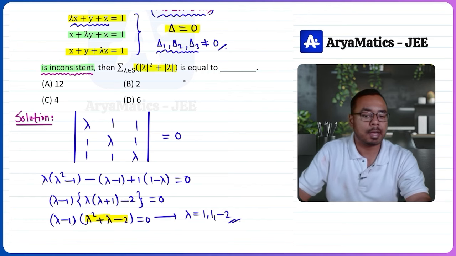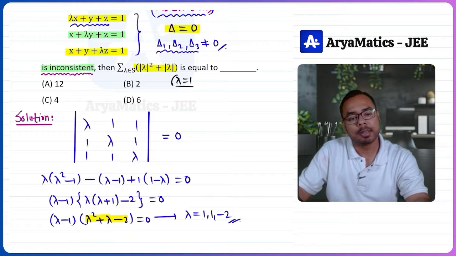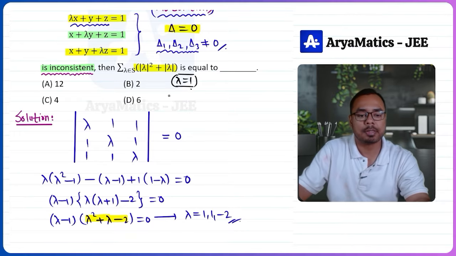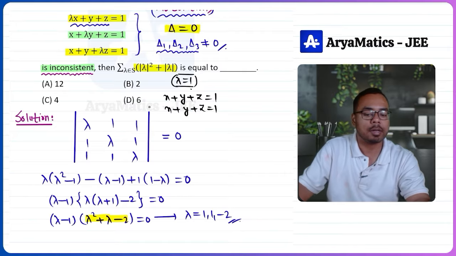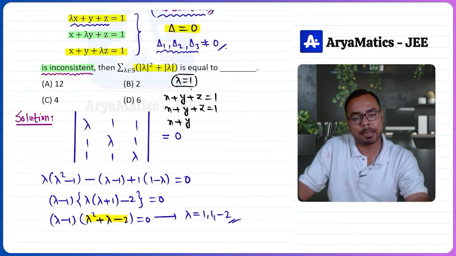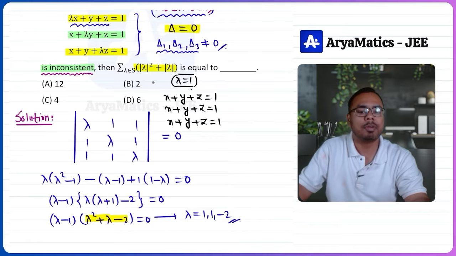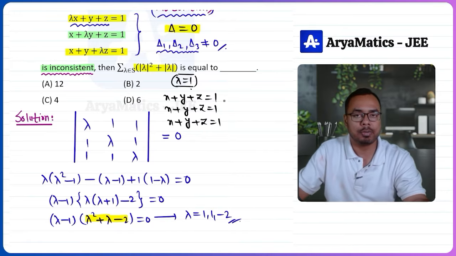Now, if I take lambda as 1, then our system of linear equations will become x plus y plus z equals 1. Second equation also x plus y plus z equals 1. And the third equation is the same, x plus y plus z equals 1. Now here we don't have to calculate delta 1, delta 2 and delta 3.